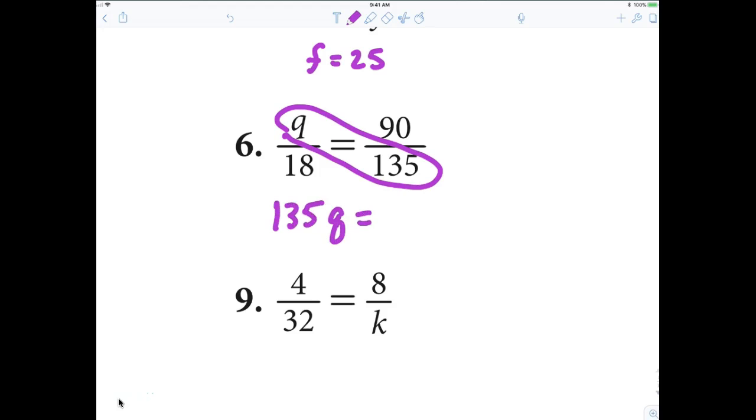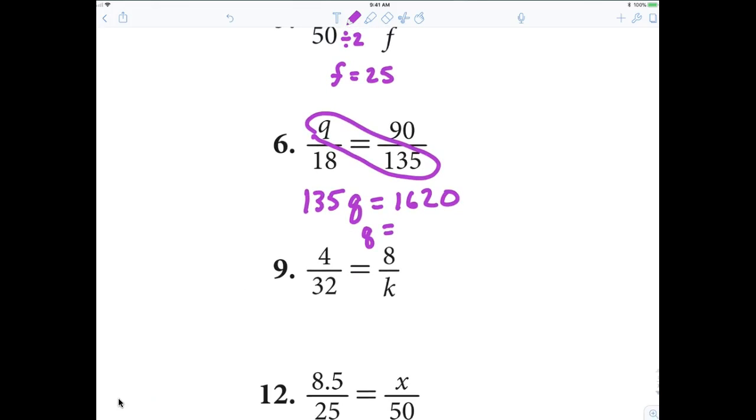No, just tell me on your calculator what 90 times 18 is. Perfect. And now what? Perfect. Divided by 135. Equals 12. Yes, it's easy. All right? Just the basics.